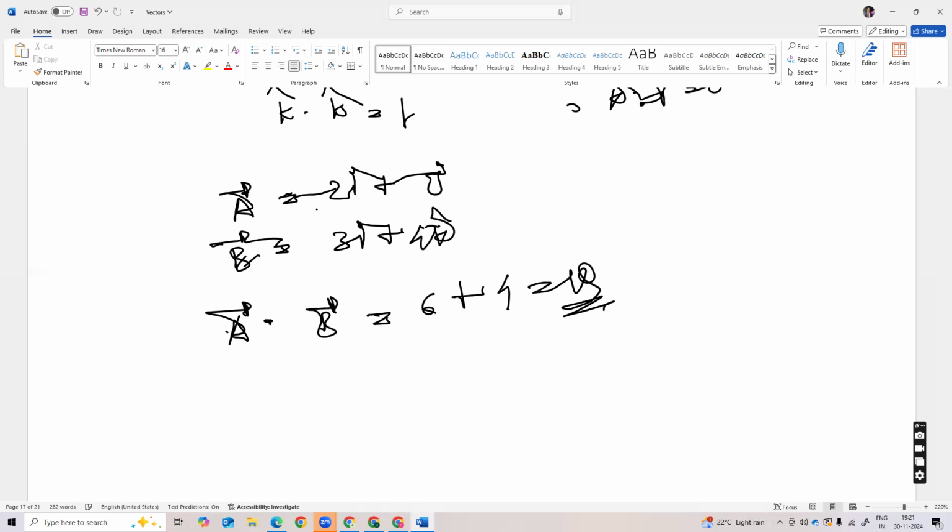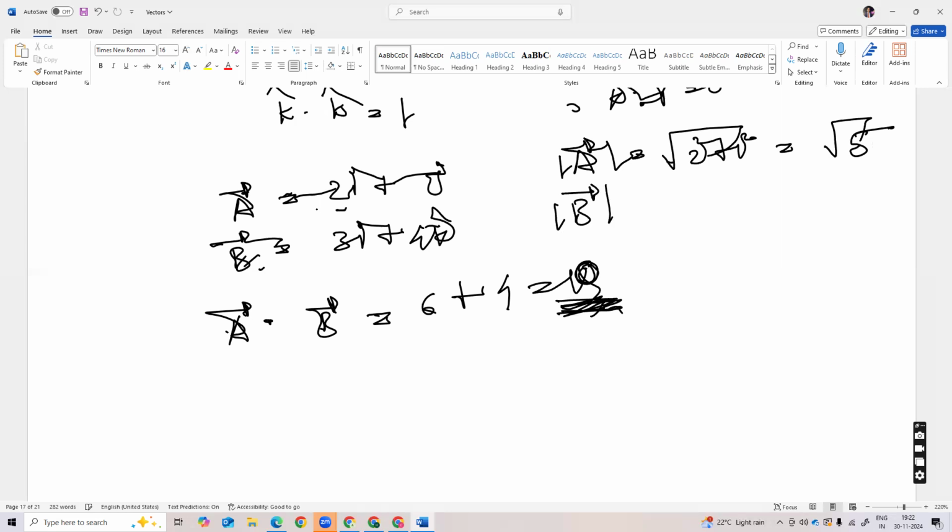The output of a dot product is a scalar value. So A, which was 2i plus j, and B, which was 3i plus 4j, have dot product A dot B equal to 10. Let's find the magnitude of A. The magnitude of A is root of 2 squared plus 1 squared, so it is root 5. Similarly, the magnitude of B is root of 3 squared plus 4 squared, so it is 5, because root 25 is 5.